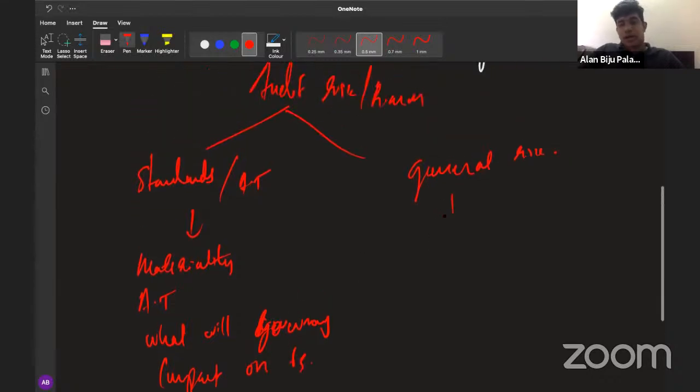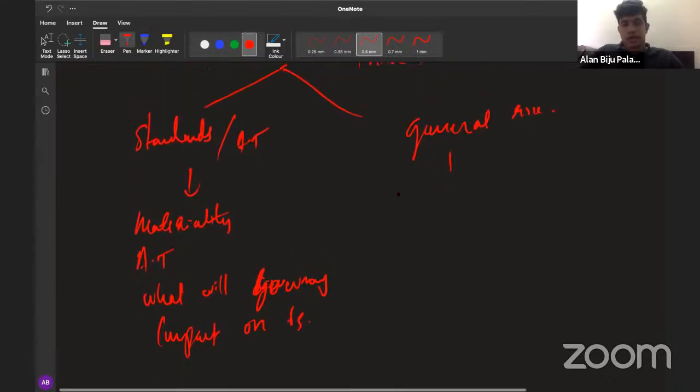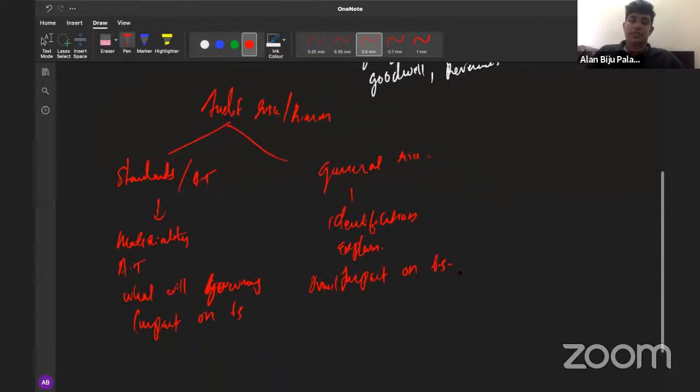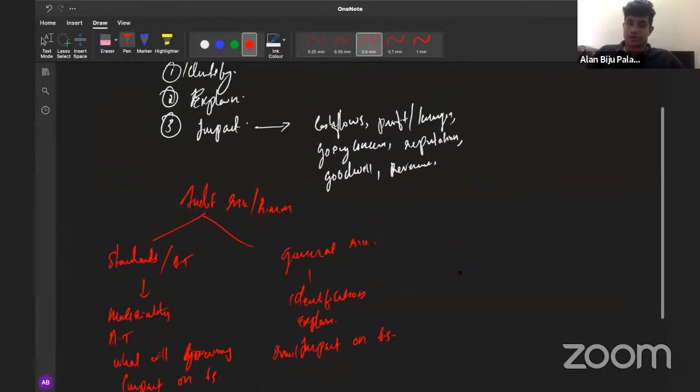And when the risk comes as a general case, then there we only need to write about the risk identification part. Then you need to explain why we will call it a particular risk, and we will also show the impact on financial statements. But when you're writing a general case, you can talk about the overall impact, okay? Overall impact on financial statements. And this is how you used to present the answers of the audit risk.